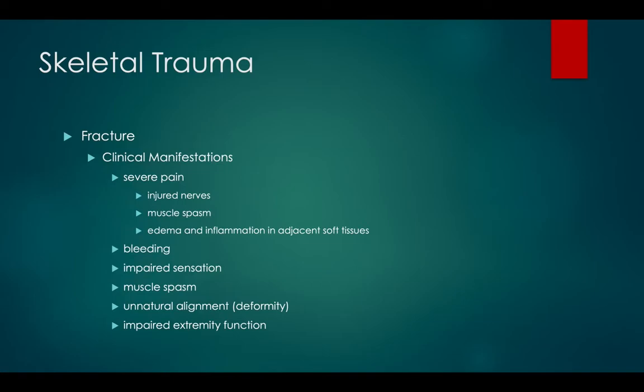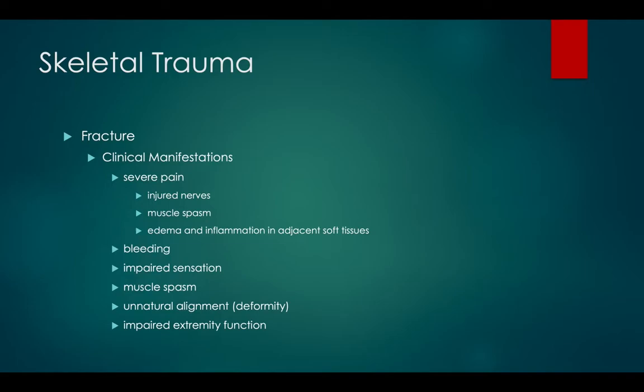So that would be the best choice in that kind of a scenario. So if you ever have someone come in with rib fractures and they're having a hard time breathing and in a lot of pain, obviously you want to give them some opioids, but you also want to make sure you get some muscle relaxers on board as soon as possible.